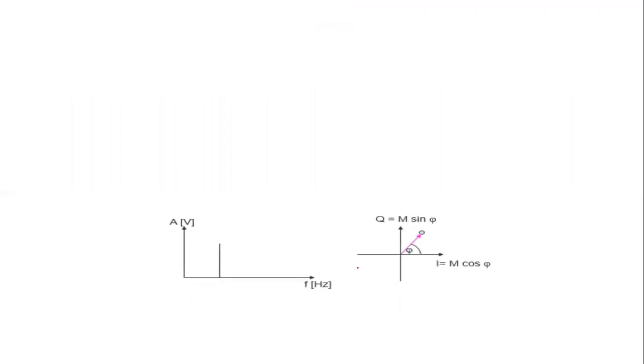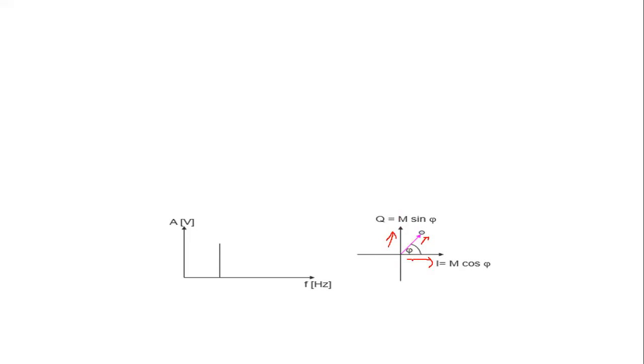So this is how the signal is represented in the phase domain. Here you can see basically there are three vectors given. This is one vector, this is another vector, and this is another vector. So the signal is represented in different phases.